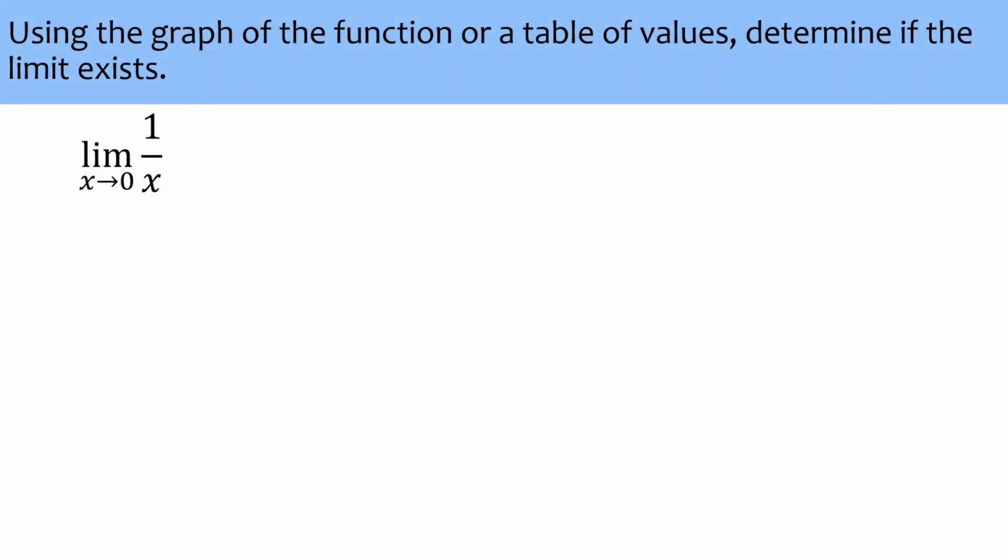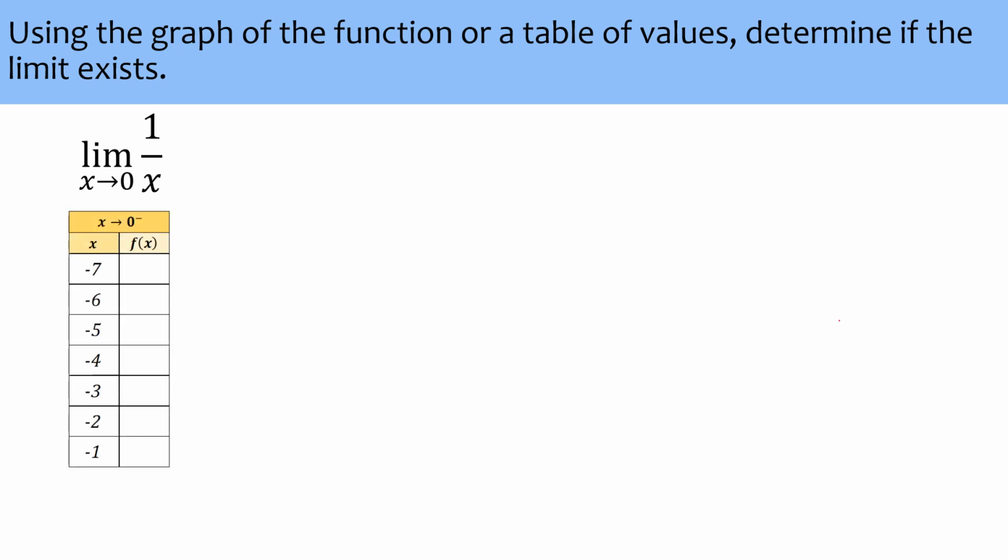All right, in this example, we are going to use the graph of the function and the table of values to determine if the limit exists for the limit of 1 over x as x approaches 0. First, this is the left side limit because, as you can see, I'm approaching 0 from the left, meaning values that are lesser than 0 but getting closer and closer to 0.